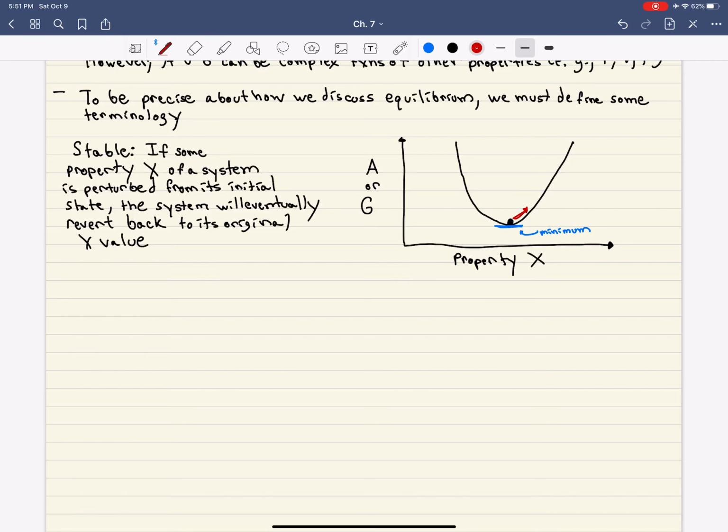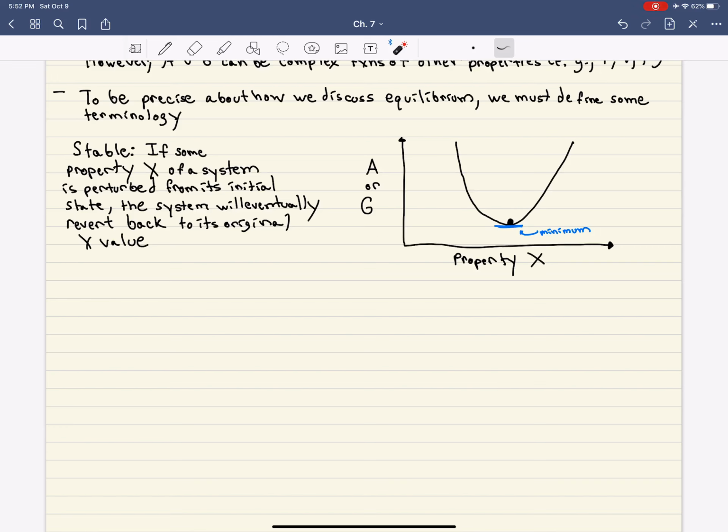Okay? And so now that that force is gone, the system is going to want to move towards a more equilibrated state. And so it will then begin to decrease its pressure again until it's back to the bottom of that parabola, back to that lowest Gibbs energy state.